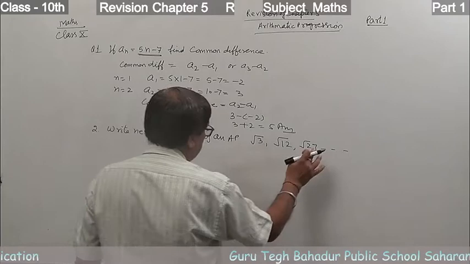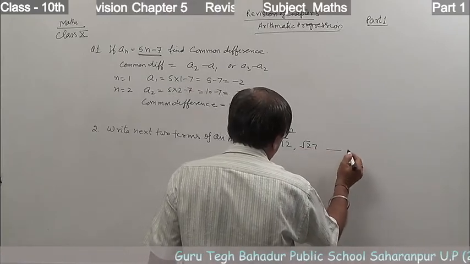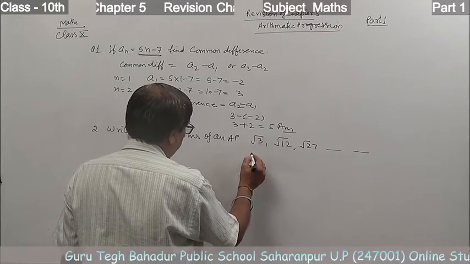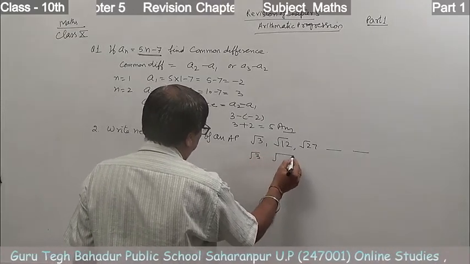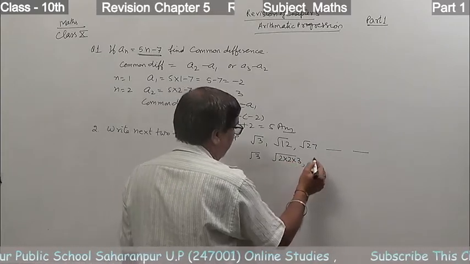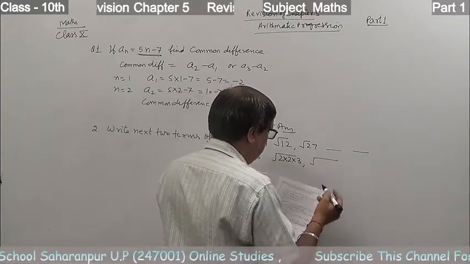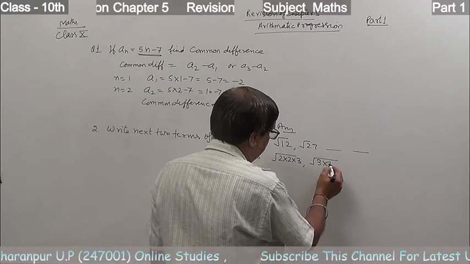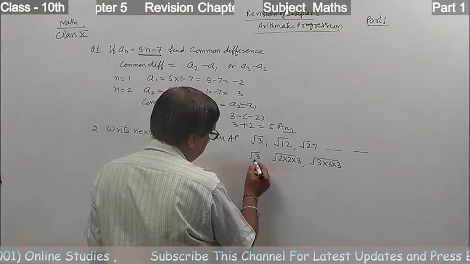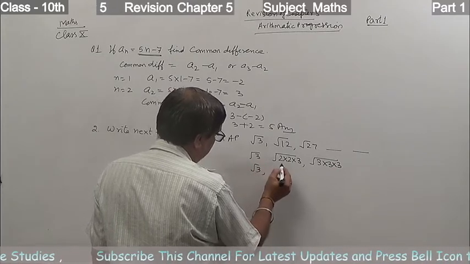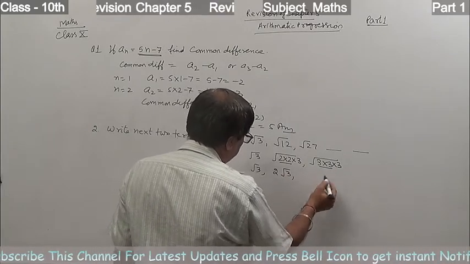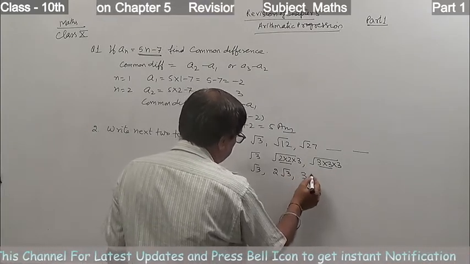So, you will write two terms of it. Root 3 stays as it is. Root 12 can be written as root of 2 into 2 into 3, and root 27 as root of 3 into 3 into 3. So, root 12 has a pair, so it becomes 2 root 3; root 27 also forms a pair, so it becomes 3 root 3.